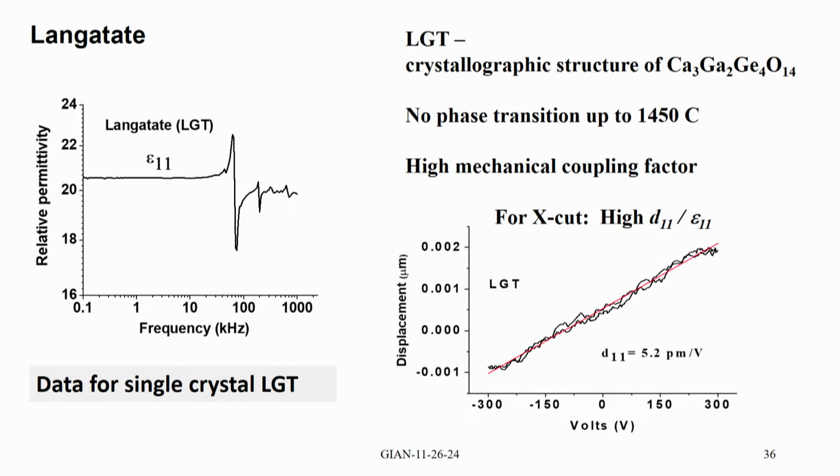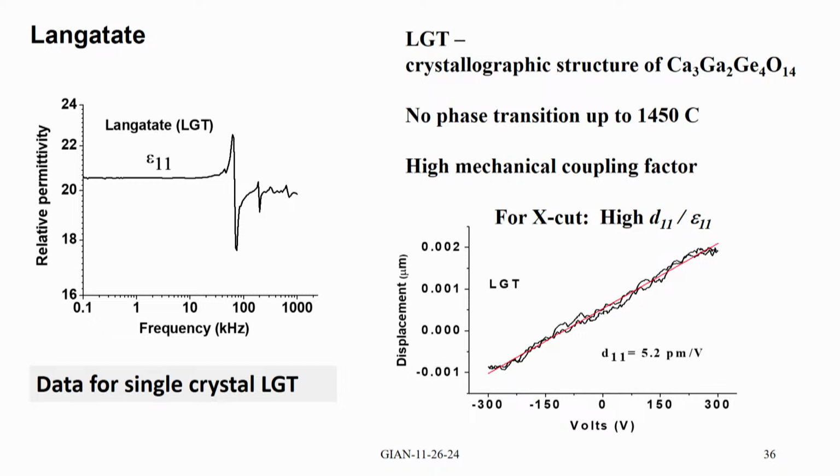There is no phase transition up to 1500 degrees Celsius, very high mechanical coupling factor, and the Q value for resonance is close to 100,000 or more. And the piezoelectric coefficient is rather small. It is 5 picometers per volt compared to 400 for PZT, 2000 for PMN-PT.